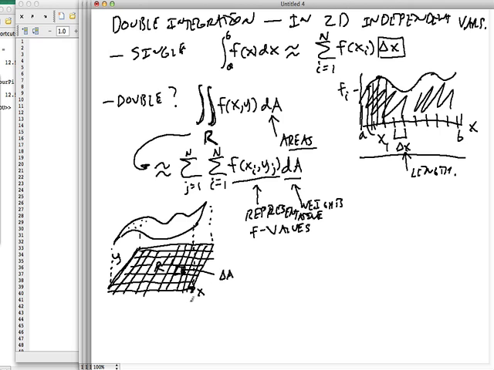Delta A is going to be delta X, and there's also a delta Y, the little length on that side. So delta A is the product of delta X times delta Y, the area resulting from a partition of the x-axis and a partition of the y-axis.